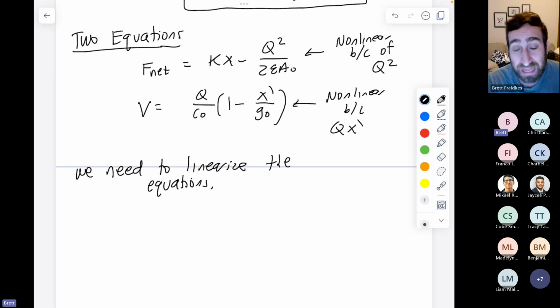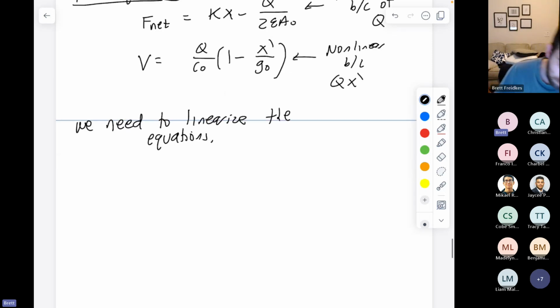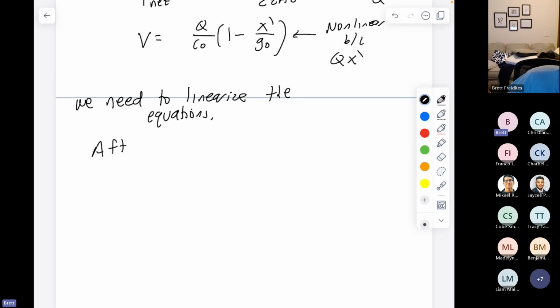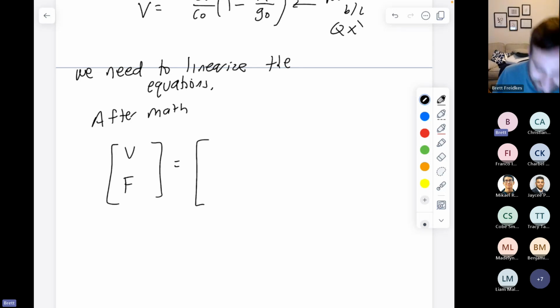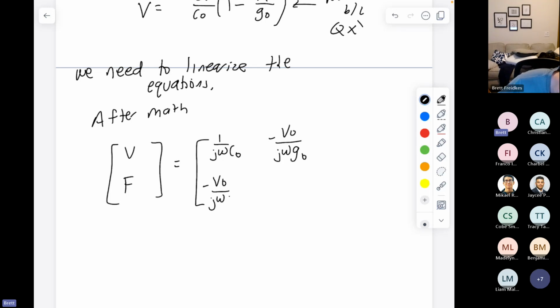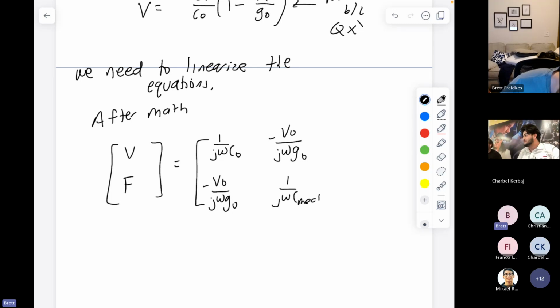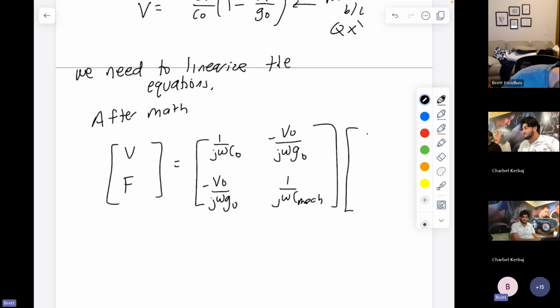So the moral, though, ultimately, I'll say after lots of math, I just want to sum this up. We will end up with an equation that is relating our efforts and our flows, and I go through the proof in the note sets about what this looks like.